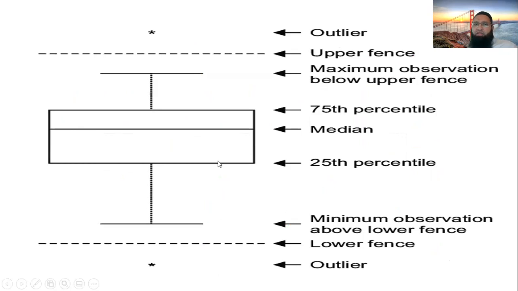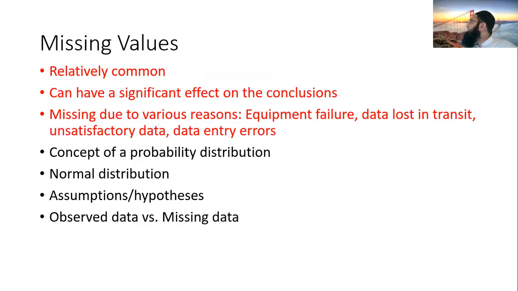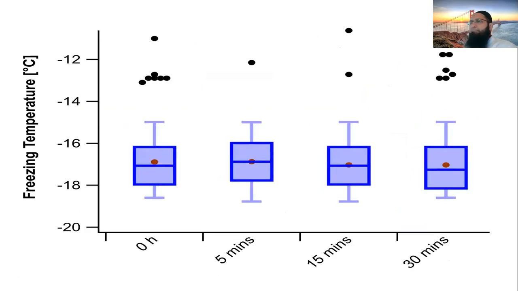So upper fence and lower fence, 25th percentile, median, outlier. Now in this case, you see, we do have the outliers. Understand? So we record the data at 12 o'clock, then at every 5 minutes, we make some observation. So after 5 minutes, we record some reading.